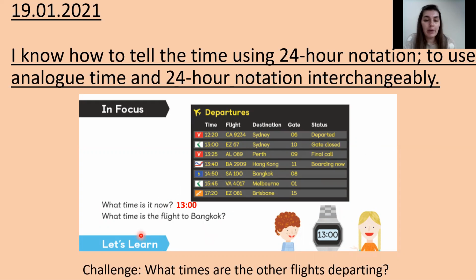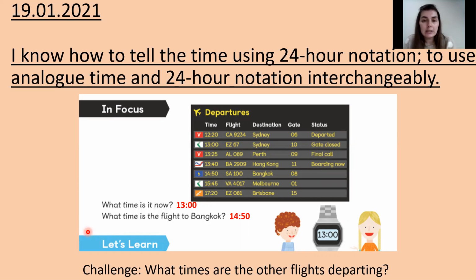And for the flight to Bangkok, I'm going to use the departures board and go down to the destination, find Bangkok, and go along to the time to retrieve that. There is also a challenge there for you to find out what times the other flights are departing.